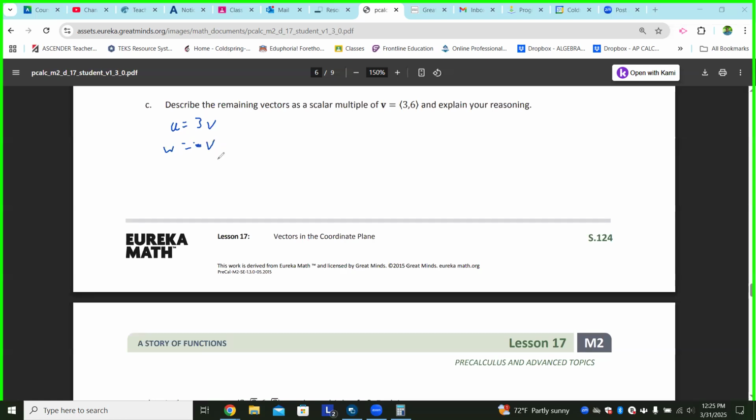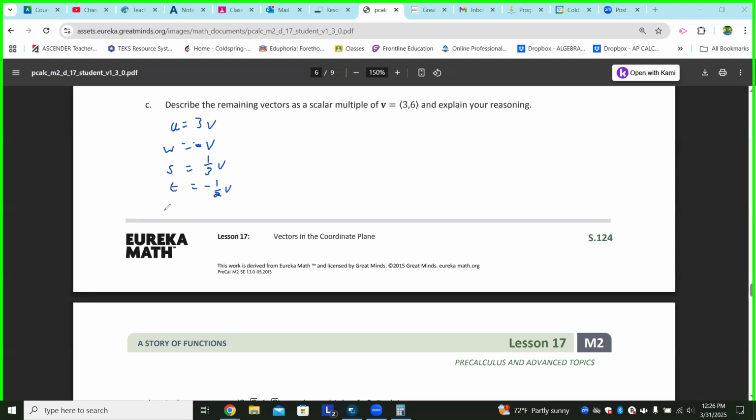So typically we'll just say negative V, but you could write -1. What would S be in terms of V? 1/3 of V, you're right. What would T be in terms of V? -1/2 V. And then the last one we already did was R.